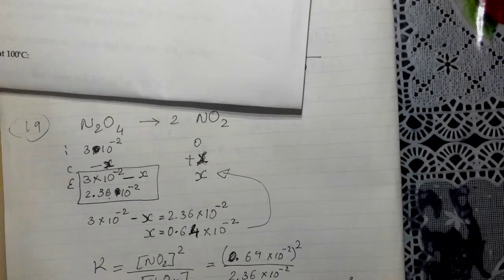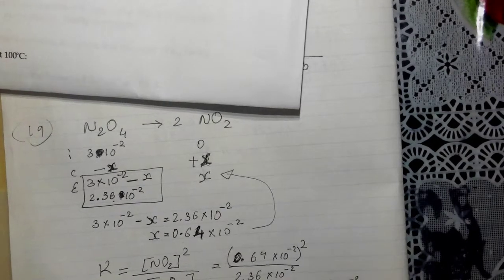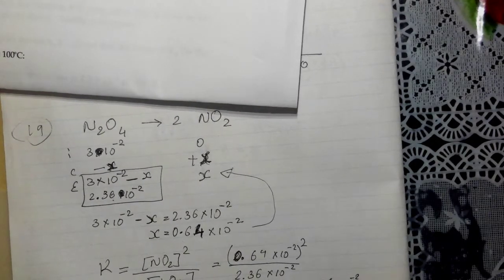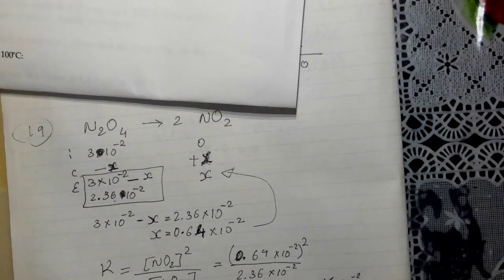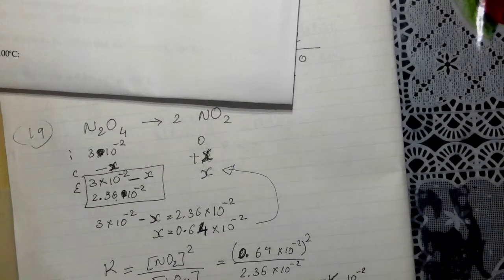That is going to be about 0.18, so 0.18 times 10 to the negative 2. That means 1.8 times 10 to the negative 3. There you go.